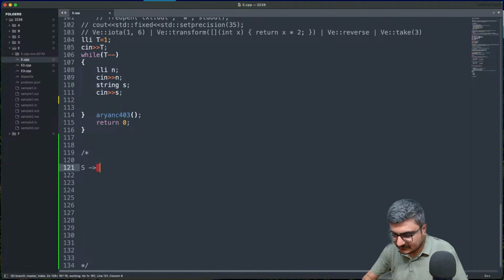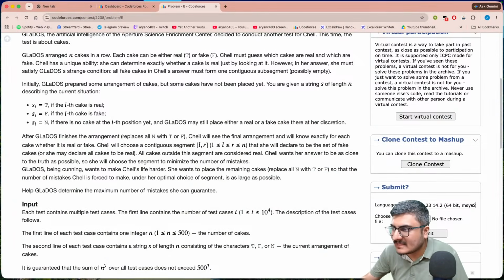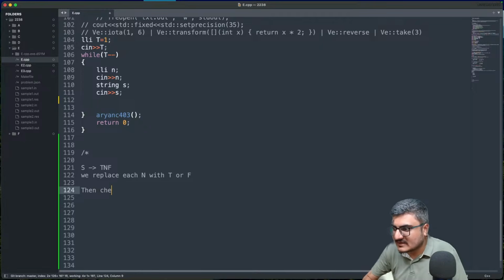S is a string of T, N, and F. We replace each N with T or F. Then Alice will choose some subarray and say that the elements look like this.